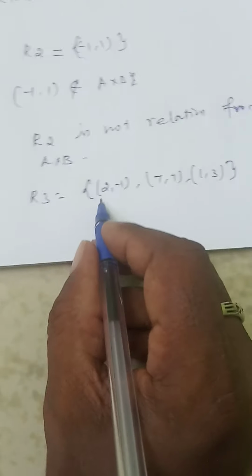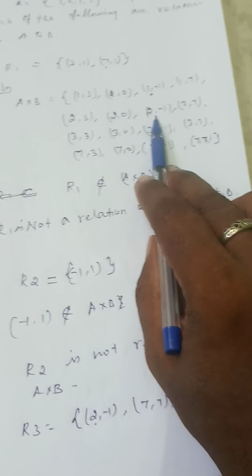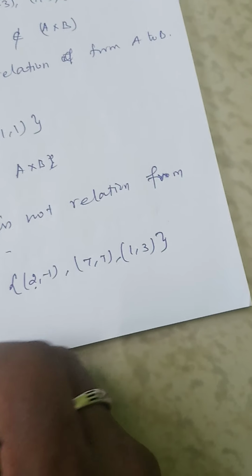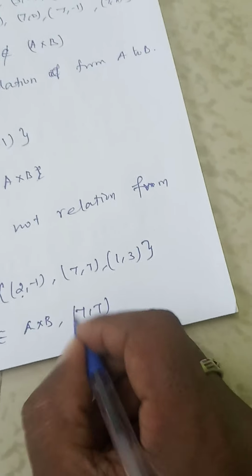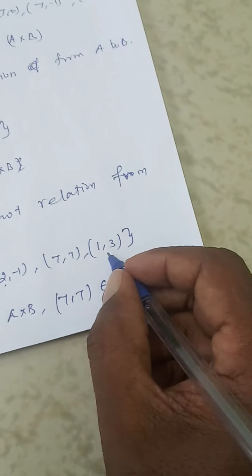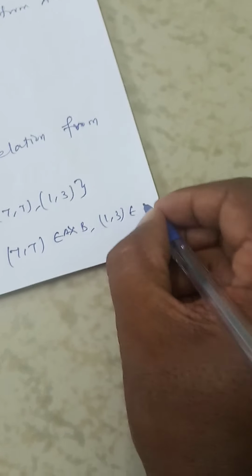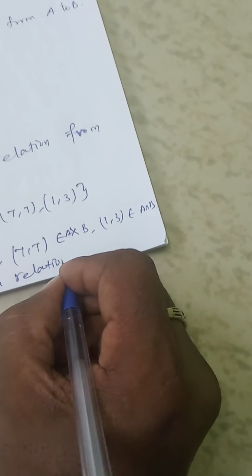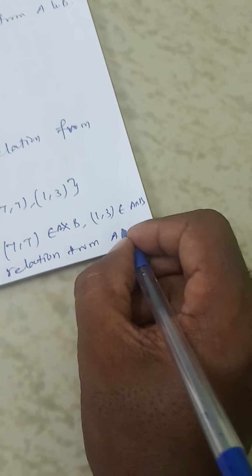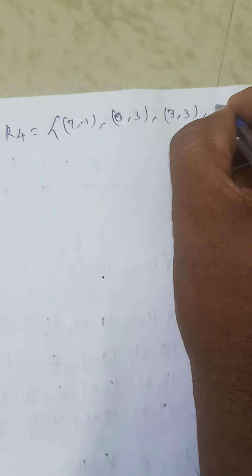Then compare with A cross B. First one, (2, minus 1), belongs to A cross B. (7,7) belongs to A cross B, and the third one, (1,3), belongs to A cross B. Therefore R3 is a relation from A to B.